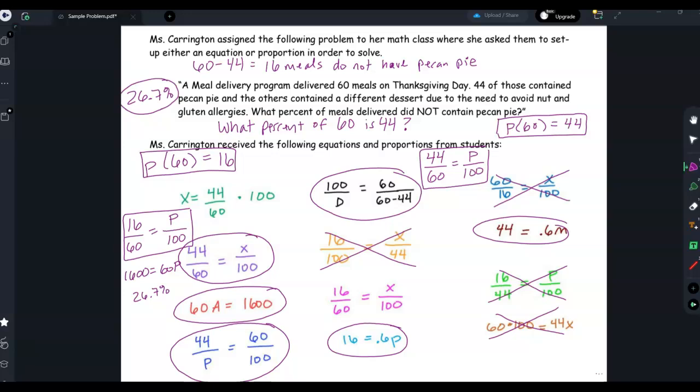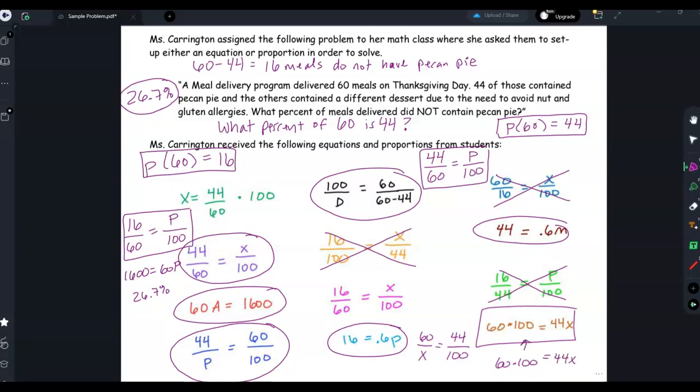I have just a couple left here. I had mentioned this one, we already crossed it out. This one, you could have gotten from cross multiplication. For example, if we had 60 over X equals 44 over 100, if they had set up a proportion like that and then cross multiplied, that would have given you 60 times 100 equals 44x, which is what they have here.